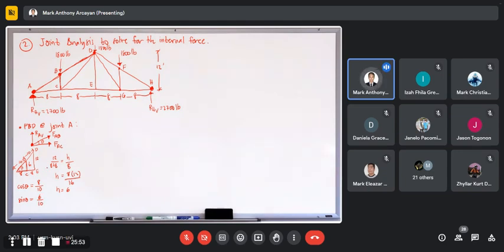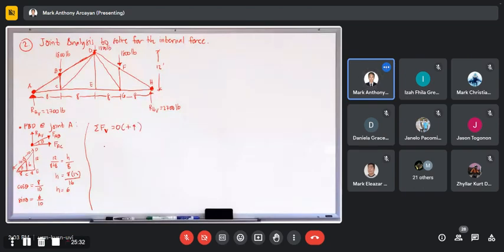Once our angle theta is ready, we perform the summation of forces to solve the internal forces. Summation of forces along the vertical is equal to 0. Positive is upward.